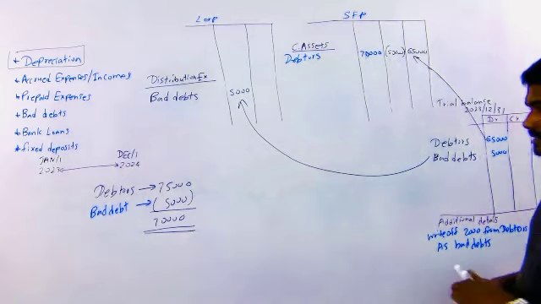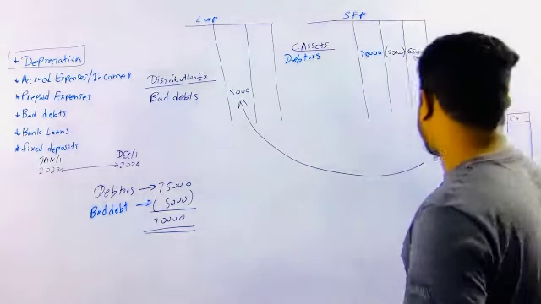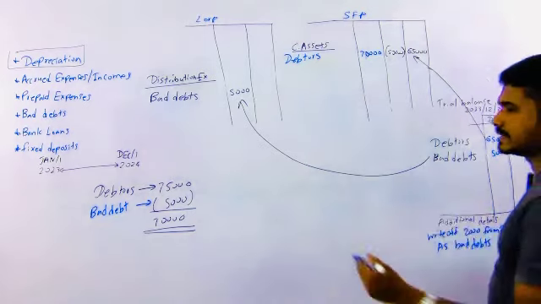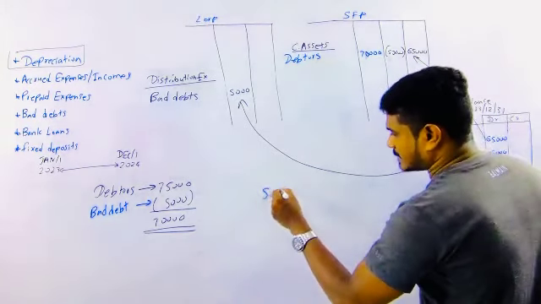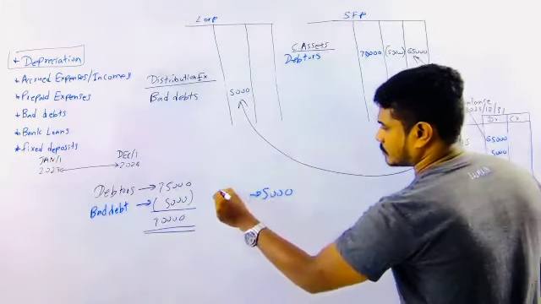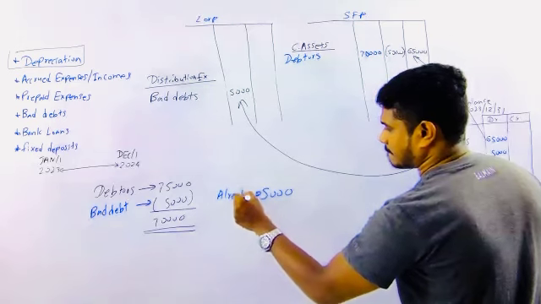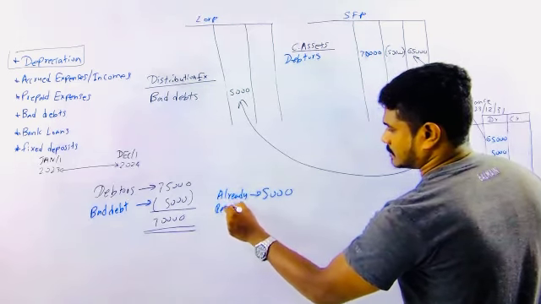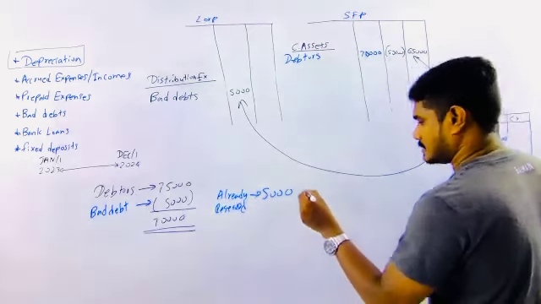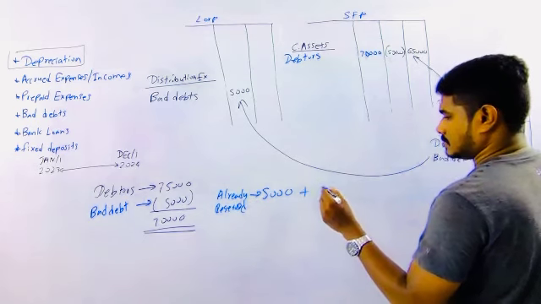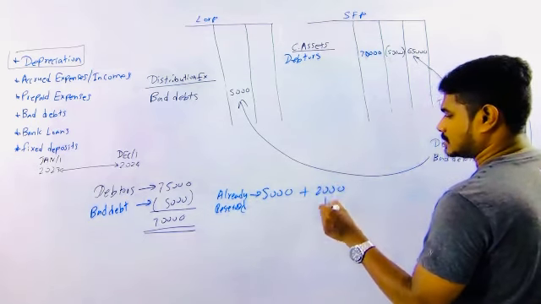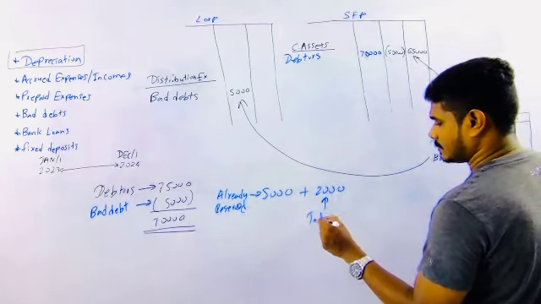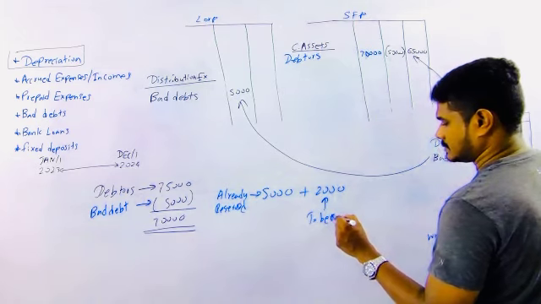So what is the actual bad debt expense for the relevant time period? Already reserved 5,000 and another 2,000 to be reserved.